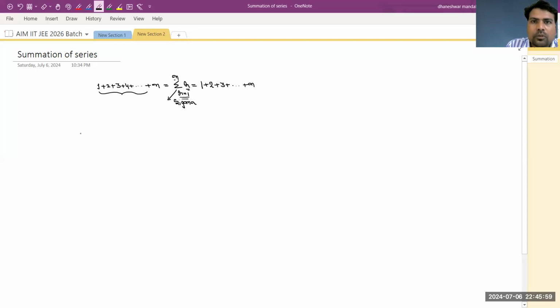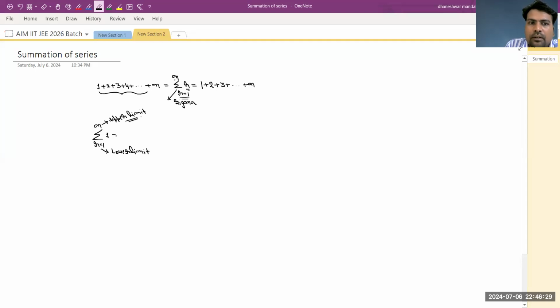We are going to learn about some basic sigma. Suppose we have sigma, and this number is from 1 to n. Here the lower number is considered the lower limit, and the upper number is known as the upper limit of this summation, so this is a summation with limits.